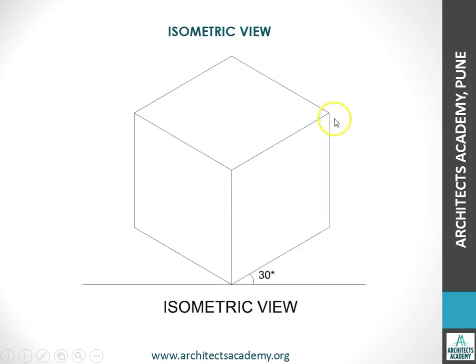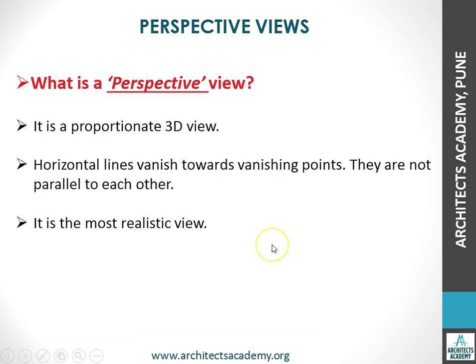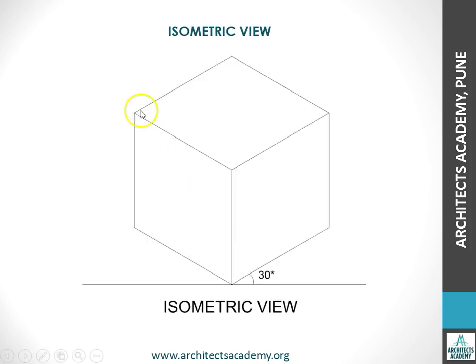So here there is an example of an isometric view where the horizontal lines are drawn at an angle of 30 degrees. So now, why do we need a perspective view? As you will see in this particular case, the distortion of the object is not so clearly visible because the object is a small object. But once this object starts becoming bigger, the distortion of the view starts becoming more.